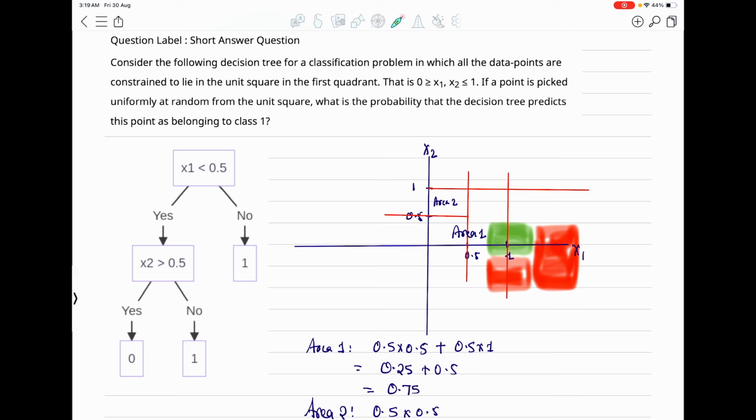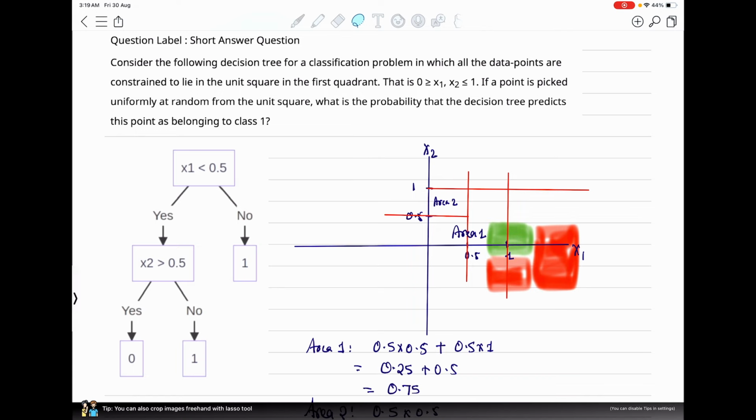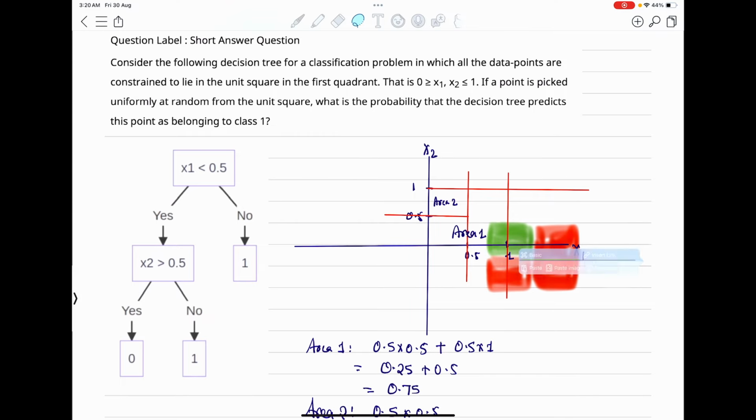So I guess there is something wrong here. So just a second. So basically, what happened here is this.